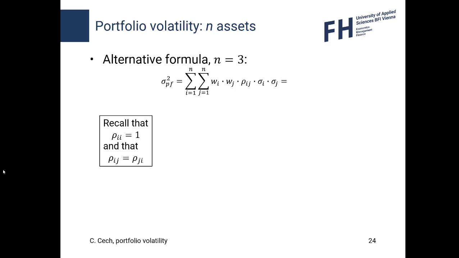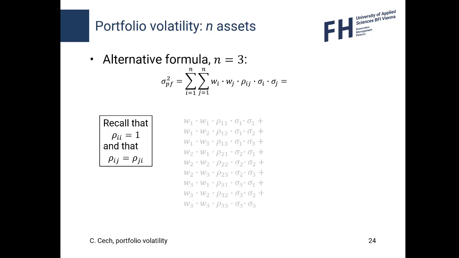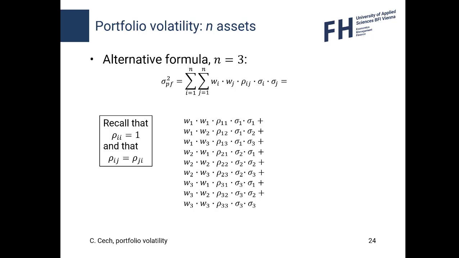For example, the correlation between 1 and 2 is the same like the correlation between 2 and 1. We can write down the formula like this for the case of 3 assets, and it looks like this: 1 1, 1 2, 1 3, 2 1, 2 2, 2 3, 3 1, 3 2, 3 3.